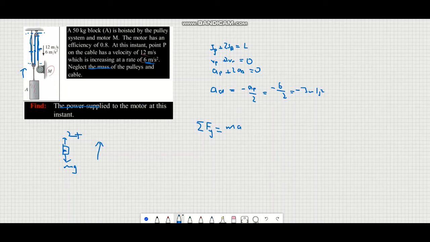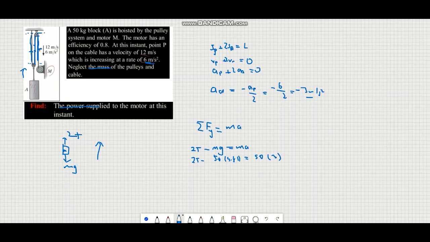So let's plug in all these variables. 2T minus mg equals ma. The block has 50 kilograms, so 50 multiplied by 9.81, the gravitational acceleration, is equal to 50 multiplied by 3, which is the block's acceleration that we found here.